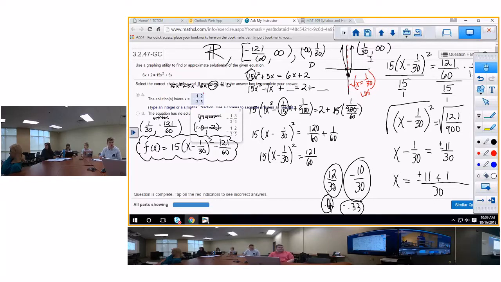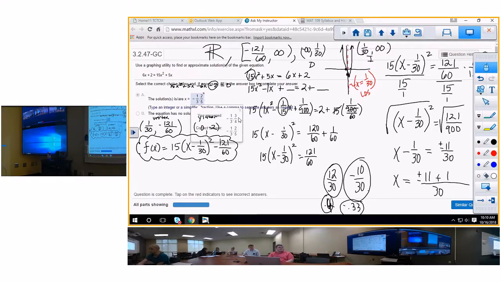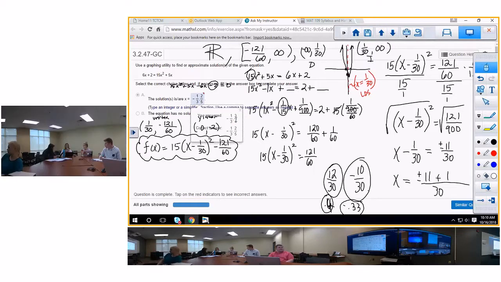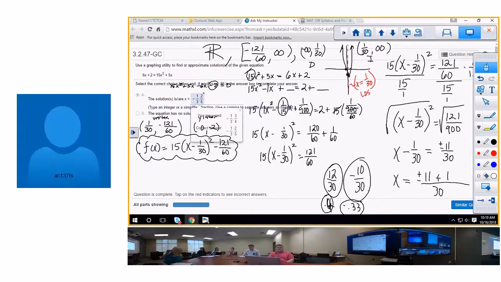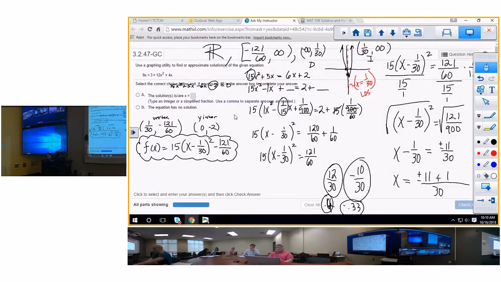As for the solutions, the x-intercepts, you had the 3/4. 3/4 is not correct. That's why you got it wrong. It's supposed to be 2/5. I put it in as a decimal, that's where I got it wrong. Okay. And what else do they ask after that? Okay. All right, y'all try that one.